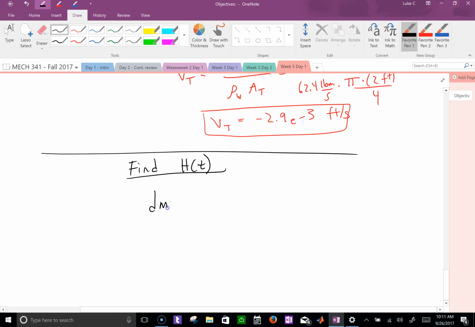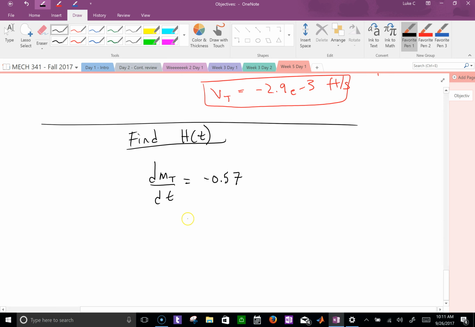I'm going to start with this again. We've actually manipulated this equation a few times. There's another way you can do this. It's kind of cool. There are so many different ways you can look at a problem.